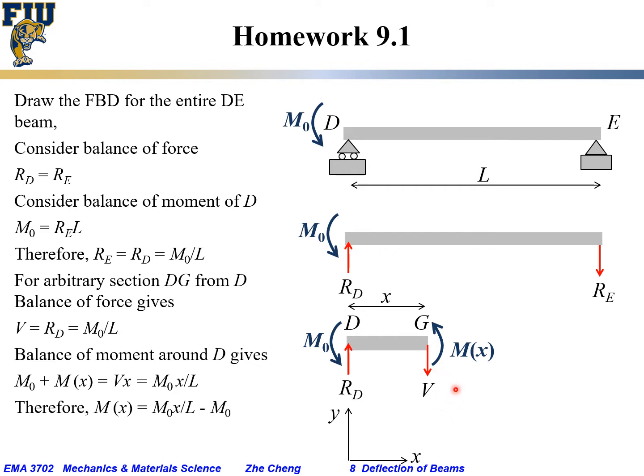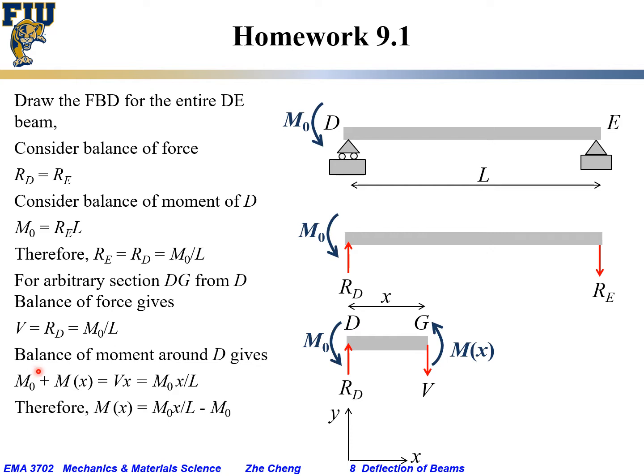We call it V. And also, at this cross section, there might be an internal bending moment, Mx, M for moment, x for location, and x is the distance from D to G. So the balance of force gives the internal shear V with the same magnitude as the reaction force RD, which is M0 divided by L.